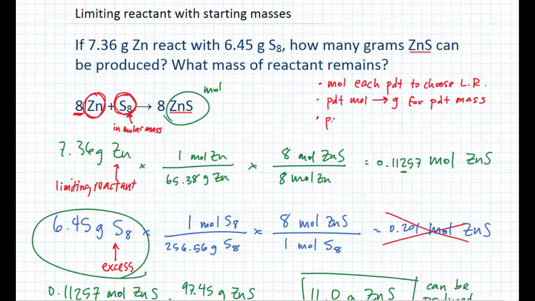Here we go, product moles to excess reactant moles, then to grams. Then we did grams added minus grams reacted. There we go.